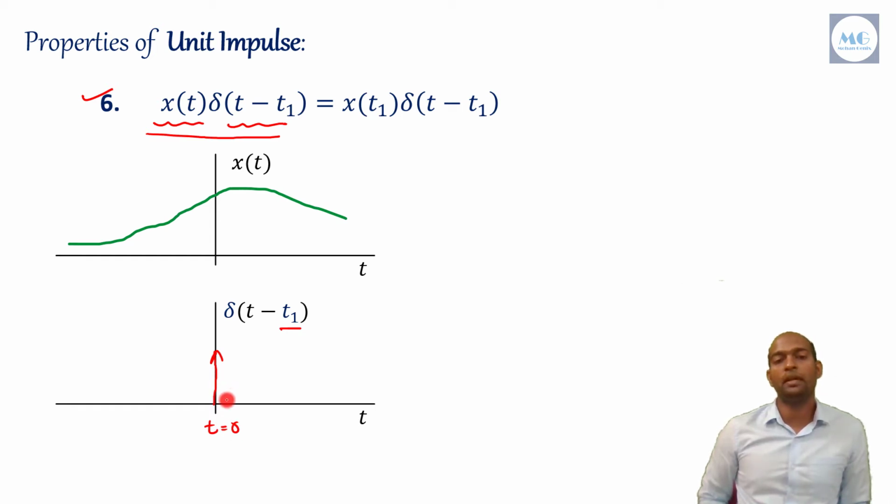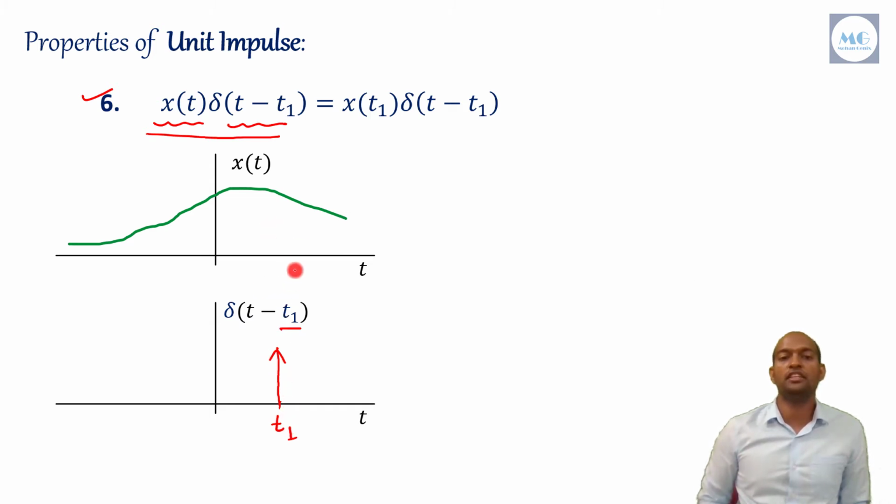So we have to shift it by t1 to the right-hand side, as here it is negative, δ(t − t1). So suppose this is the point t1, then this function will come this side like this. Okay friends, as of now I am erasing this part. So this is δ(t − t1).